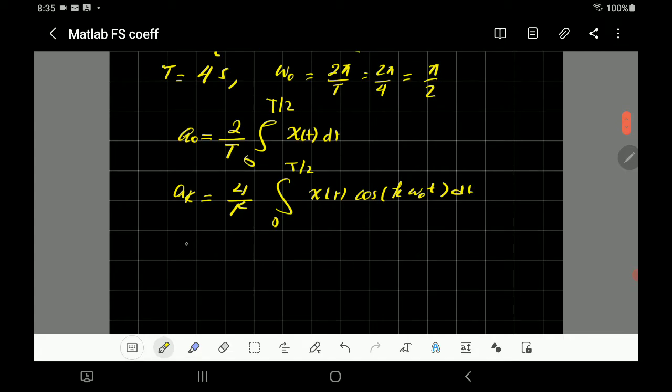The series will be x of t equals A naught, I forgot the A naught, plus the sum from k equals 1 to infinity of the coefficient AK times cosine k omega naught t. So that's the expression.